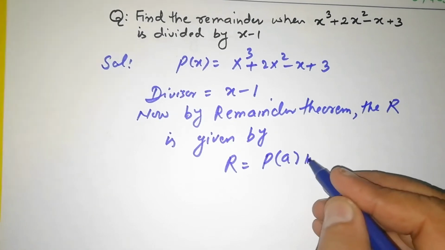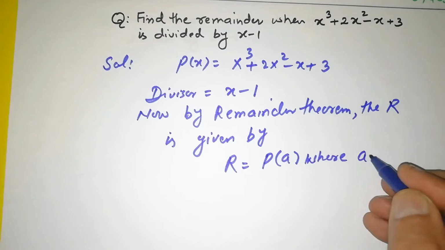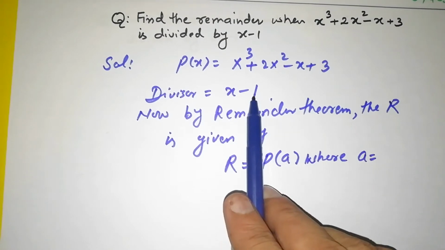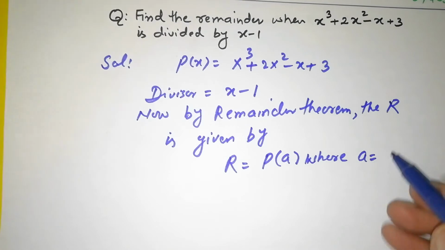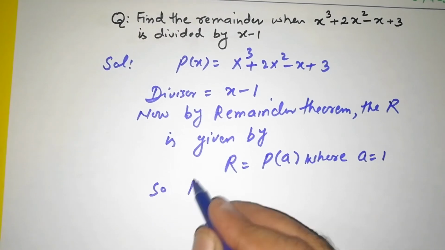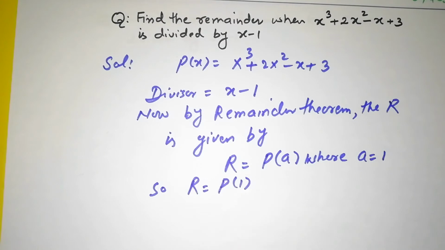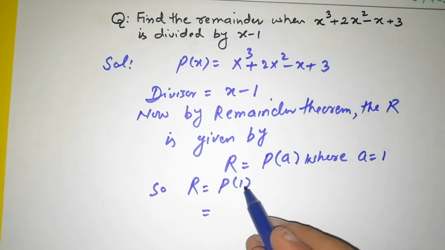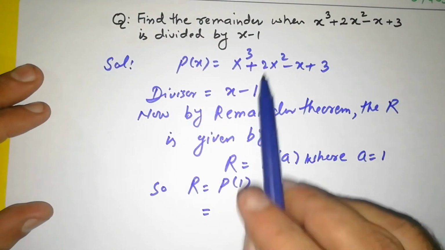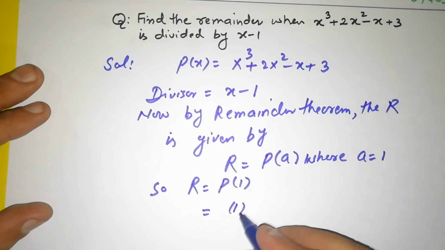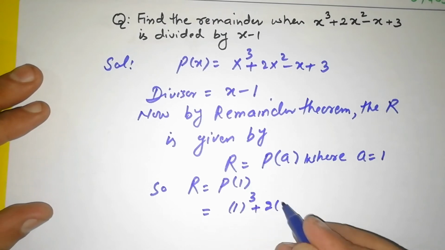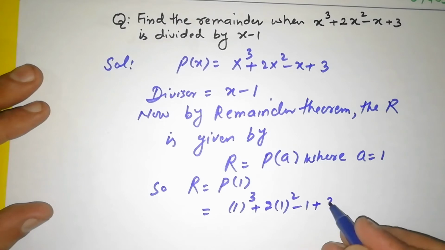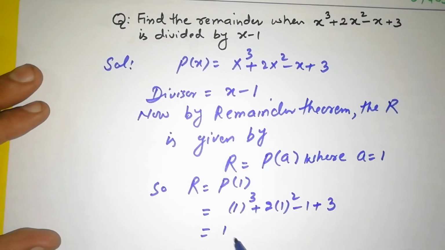In this question the value of a is 1, so the remainder is p(1). How do we get p(1), the value of the polynomial at 1? Replace x with 1. So we have 1 cube plus 2 into 1 square minus 1 plus 3, which gives us 1 plus 2 minus 1 plus 3, and this is 5.